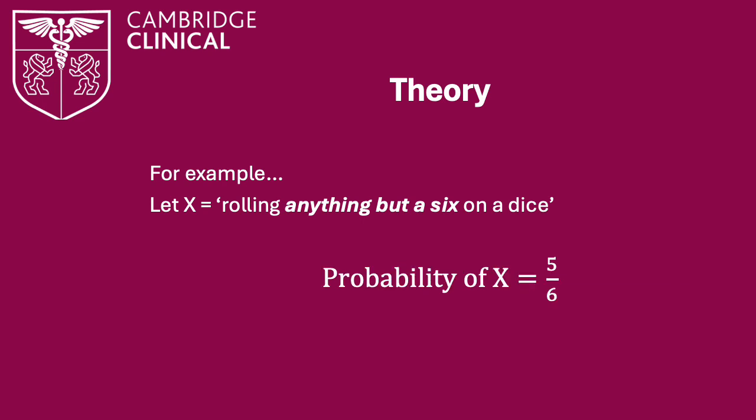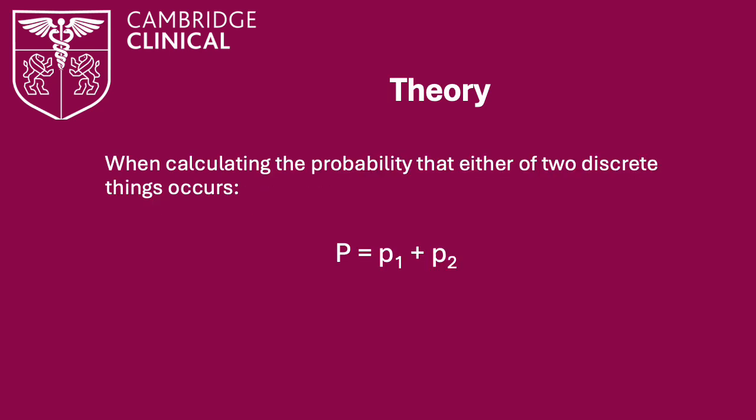Well, once again, it's 6 total outcomes, because every time you roll a dice, you could roll 1, 2, 3, 4, 5, or 6. And that therefore means that the probability of rolling anything but a 6 on a dice is 5 over 6.